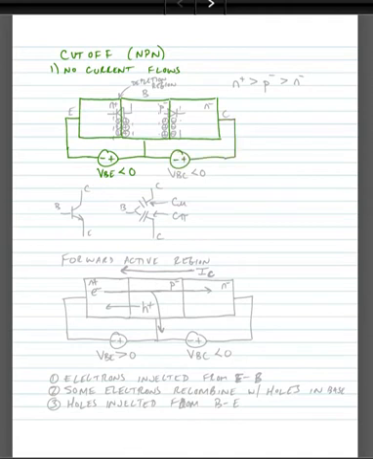And we similarly set the base to collector junction to have a voltage of less than 0 volts. This is our emitter, the base, and the collector.